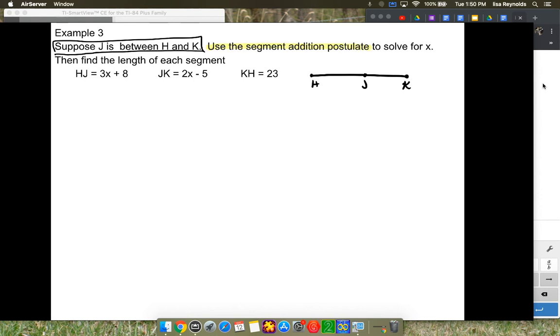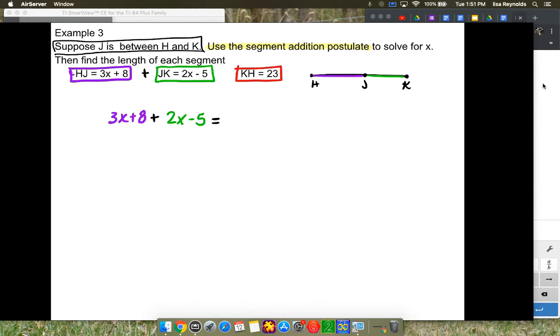So this means we're going to take our first part, which is HJ, 3x plus 8. We are going to add it to our second part, which is JK. So this is our 2x minus 5, and we set it equal to the whole thing, which is KH.